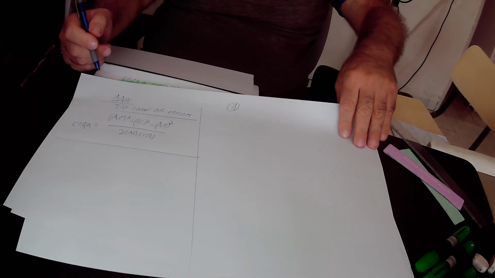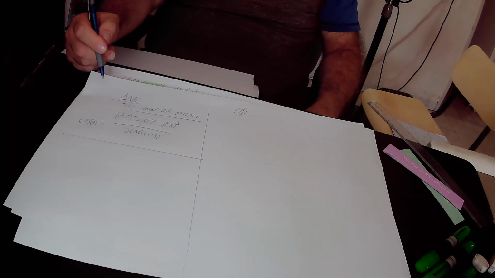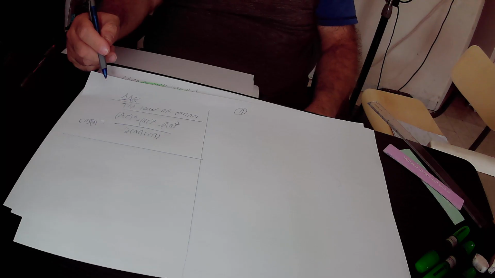Okay, so this equation is the implementation of the law of cosines in triangle ABC.